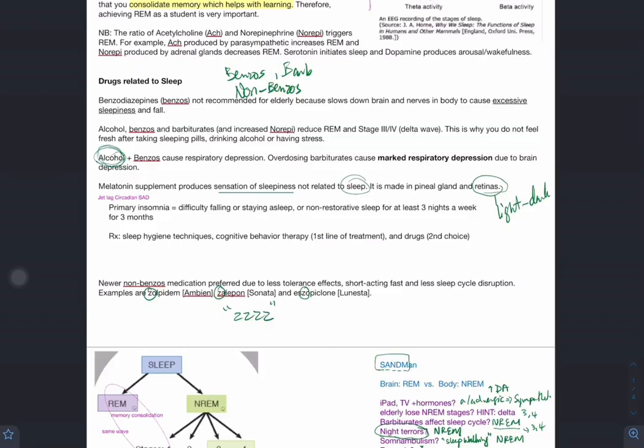The best treatment for any sleeping disorder is to practice good sleeping hygiene. Cognitive behavior therapy, CBT, is usually employed as the first line of treatment. And finally, the last choice would be drugs. Drugs is always the last choice.